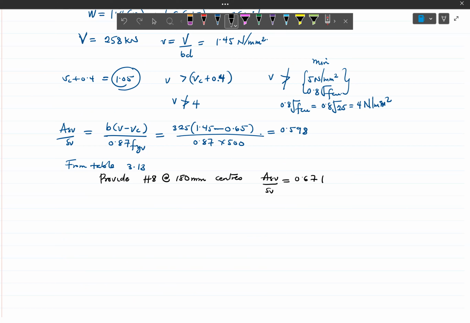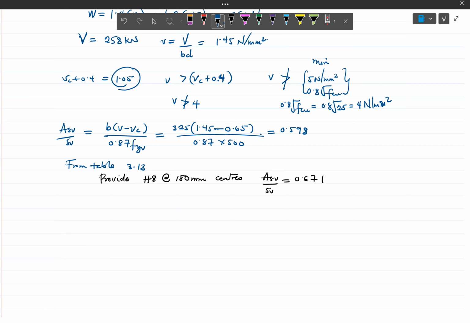Normally, where you need to provide shear reinforcement, it is not really for the entire length of the beam, right?